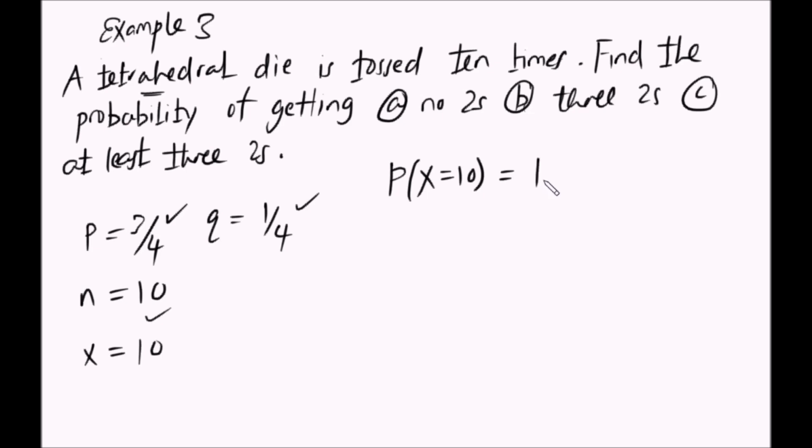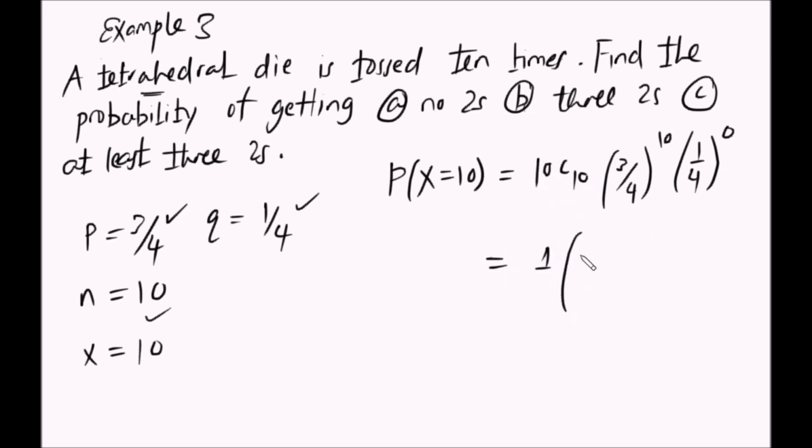So according to our formula, n ni 10, combination x ni 10, p ni 3 over 4 power 10, alafu 1 over 4 power 10 minus 10 itakuwa ni 0, yani n minus x. So huyu wa kwanza ni 1, hapa ni 3 over 4 power 10, alafu hapa pia ni 1. So jibu hapa ni 3 over 4 yote power 10, si ndio?